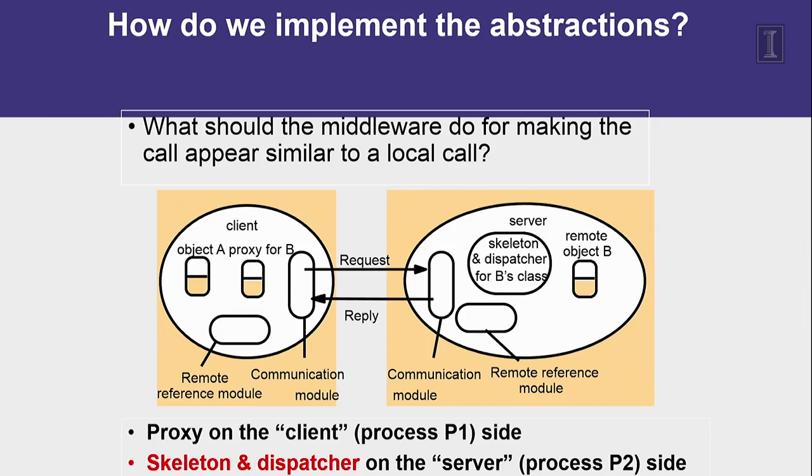On the server side, you're going to receive the message, you're going to decode it, but you also have to take care of the fact that when you send the message back to the client, it may not actually get back to the client, and so there might be exceptions and other things. All of that is usually done by middleware because it's the same for every single object call, every single method call, and so we get a great deal of simplicity because everything is operating the same way.